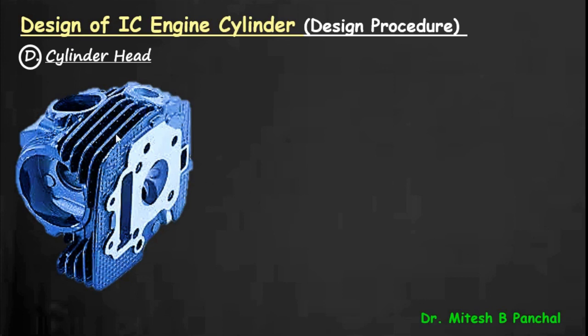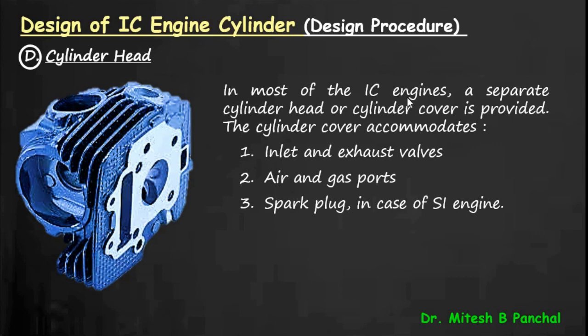So in most IC engines, a separate cylinder head or cylinder cover is provided, and the cylinder cover accommodates the inlet and exhaust valves, air and gas ports, and the spark plug in case of an SI engine.